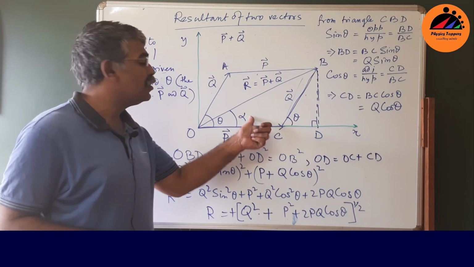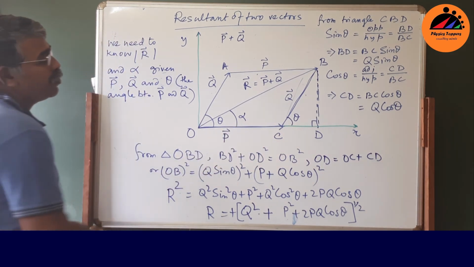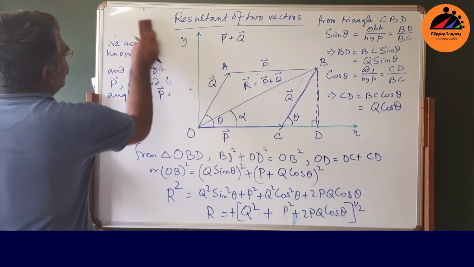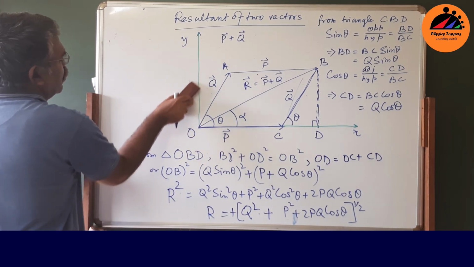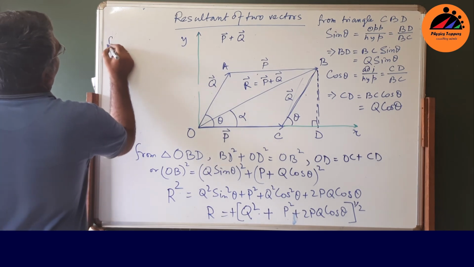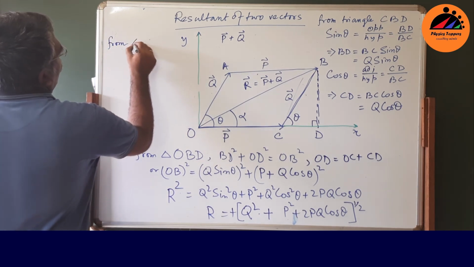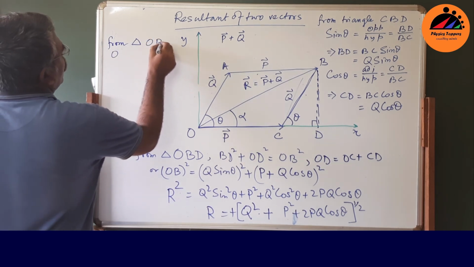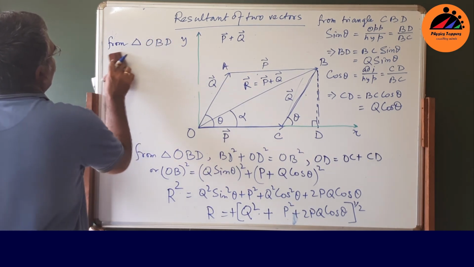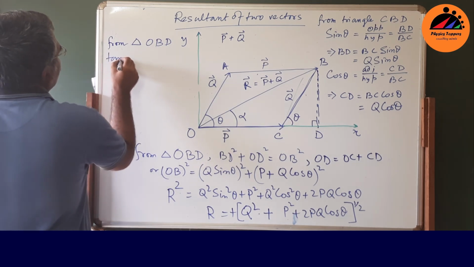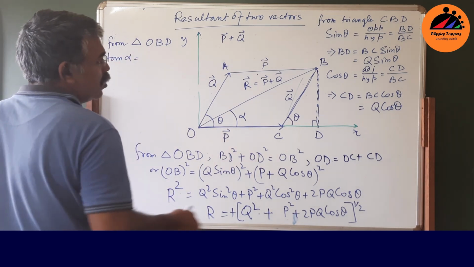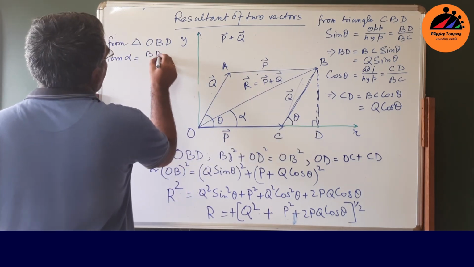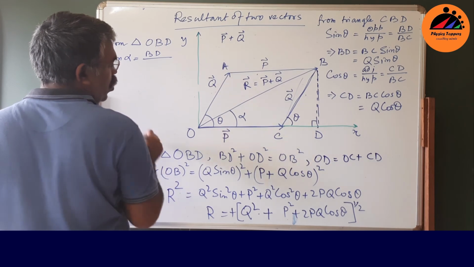Another thing which we need is alpha. It's very simple, from this same triangle OBD, tan alpha is equal to this by this, BD by OD.